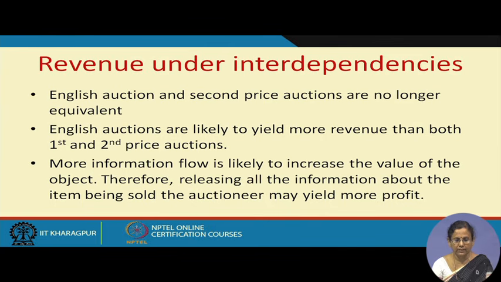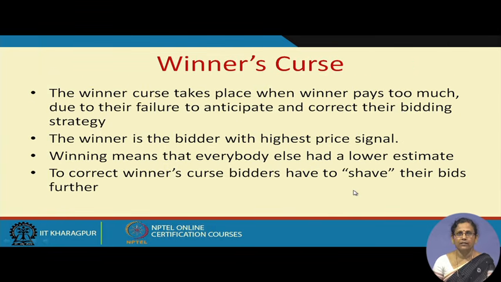As more information flows, it further increases the value of the object. Another very important phenomenon happens here. In this case, if the bidder is not a little cautious, he faces a situation called the winner's curse, because everybody has almost similar valuation of the object.